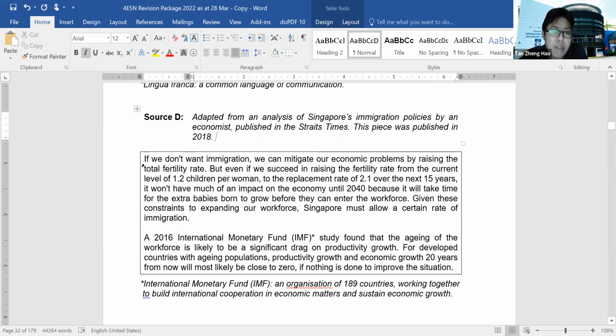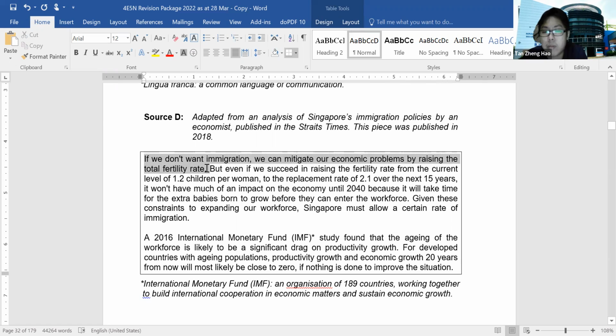If we don't want immigration, we can mitigate, which means reduce, our economic problems by raising the total fertility rate. So they are telling people immigration is quite important because our fertility rate is very low currently.